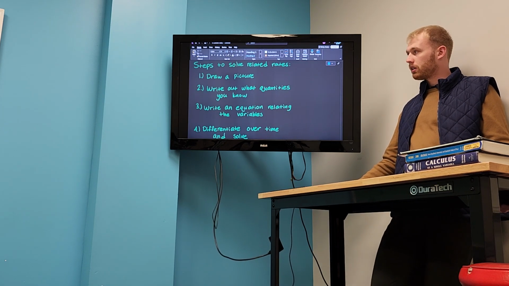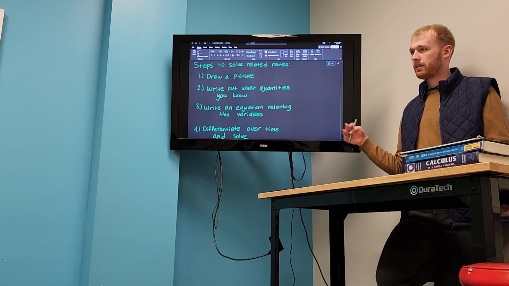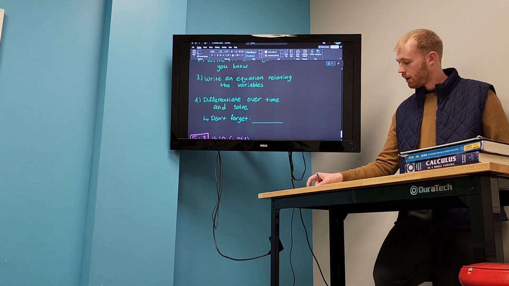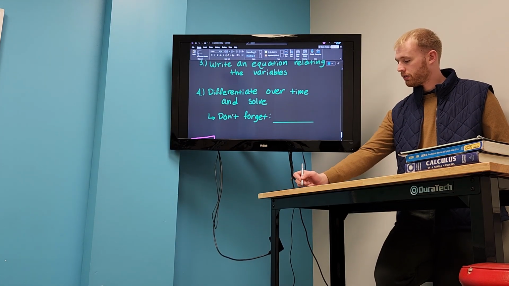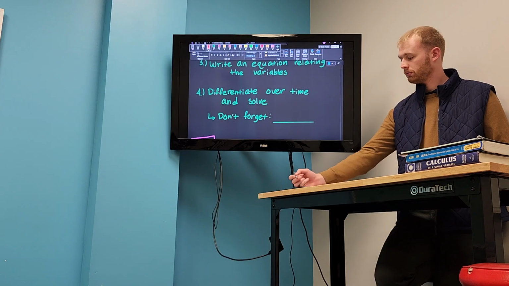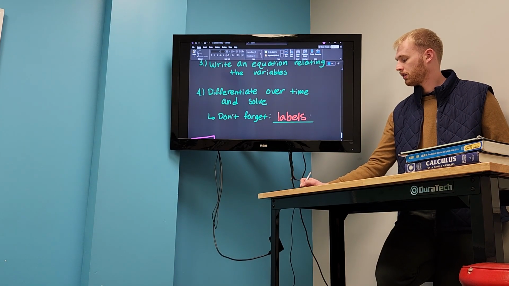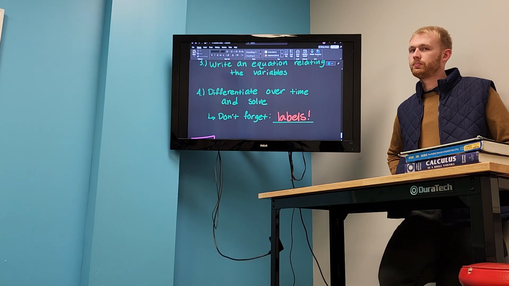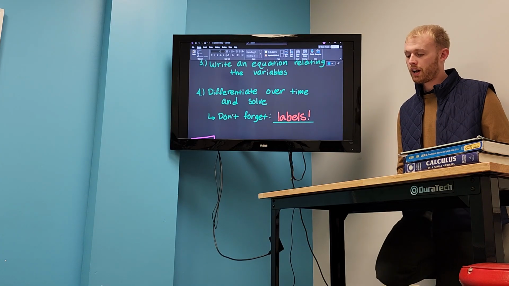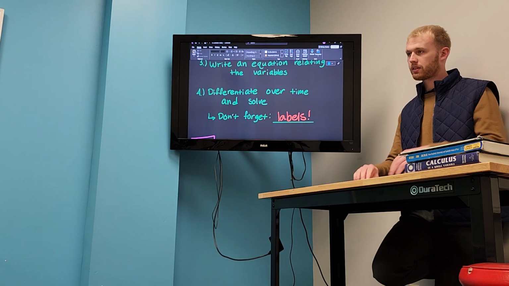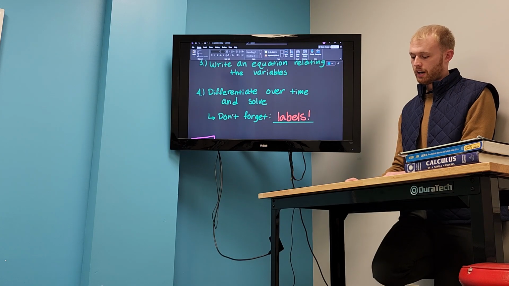But in general, you'll always take these 4 basic steps. And the last thing is don't forget your labels. Once we're done, we have to label what sort of units we're talking about at the end of the problem.